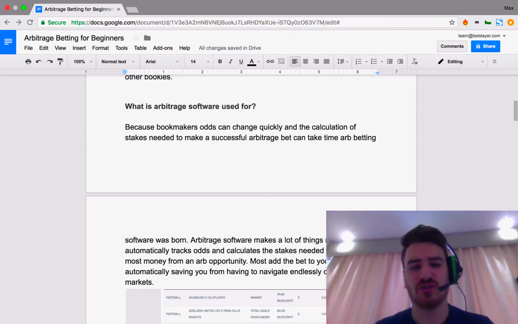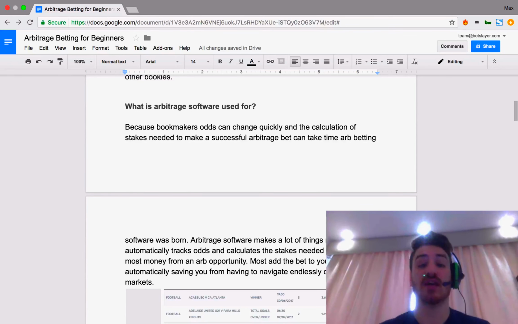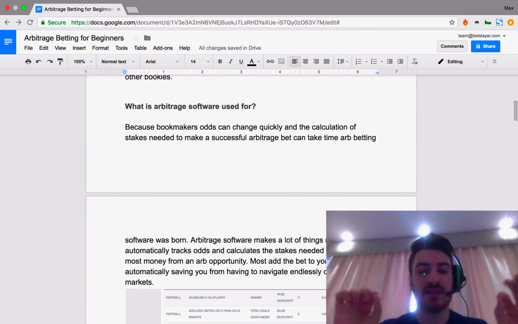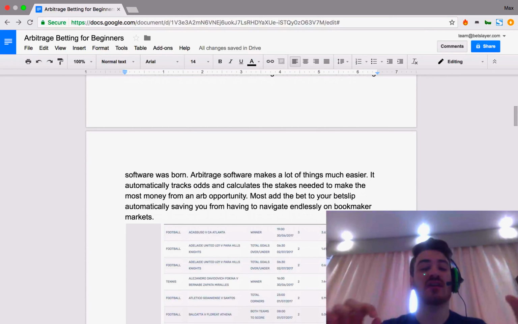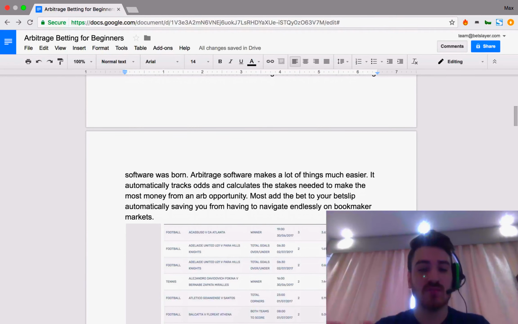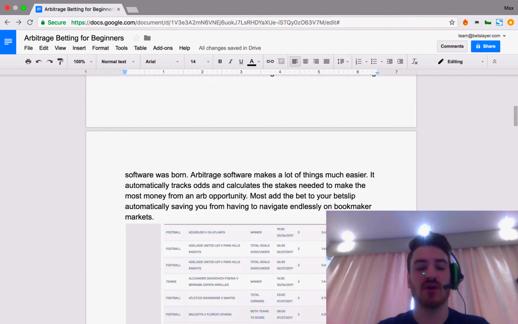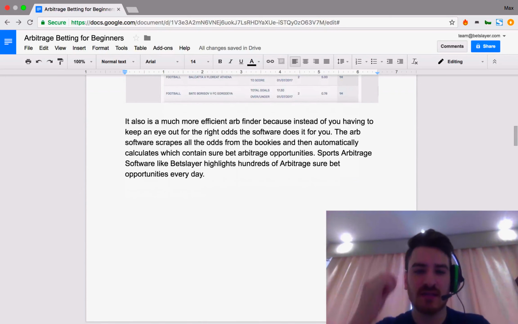What is arbitrage software used for? Because bookmaker odds can change quickly and calculating the stakes needed for a successful arbitrage bet can take time, the software was born. It makes a lot of things a hell of a lot easier. It automatically tracks odds and calculates the stakes needed to make the most money from an arb opportunity, and most add to the betslip automatically, so you don't need to spend lots of time endlessly navigating markets.